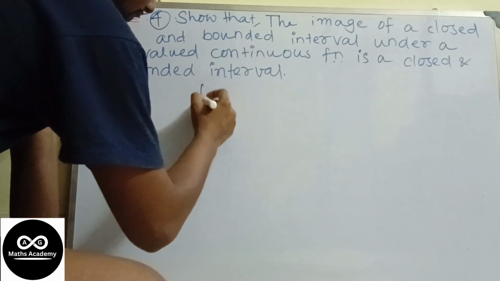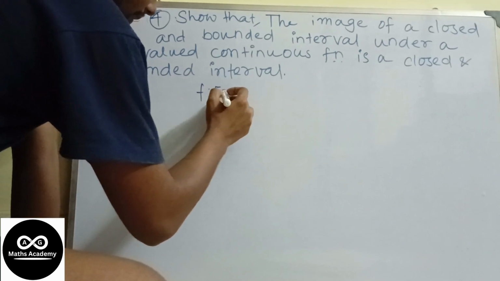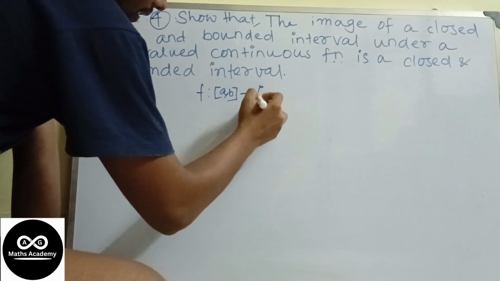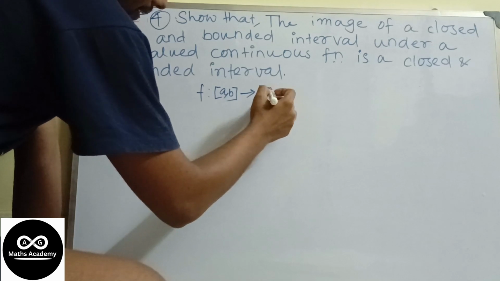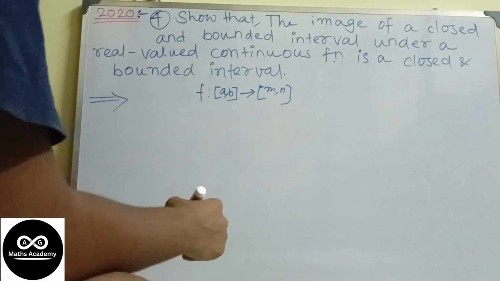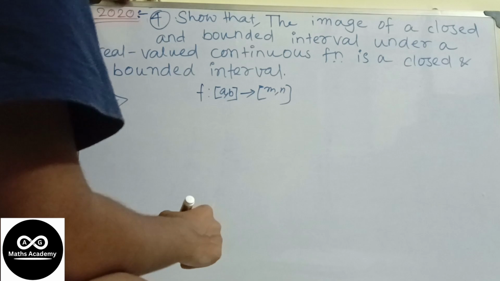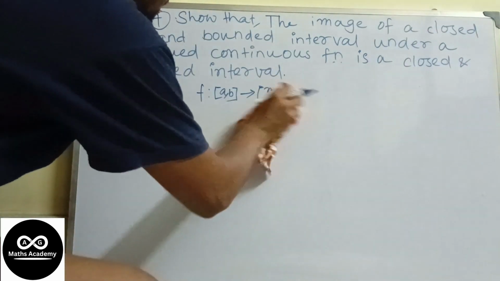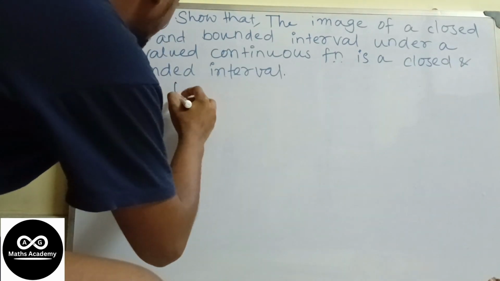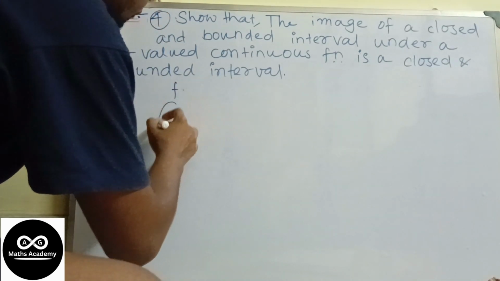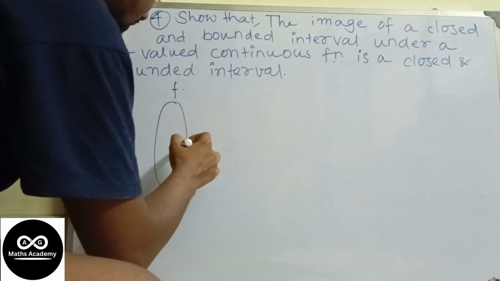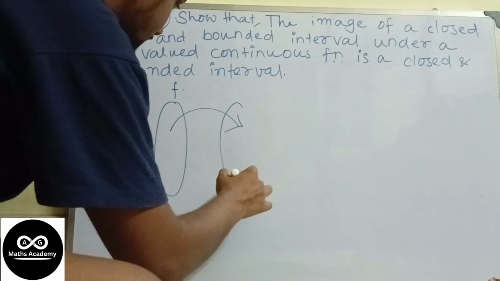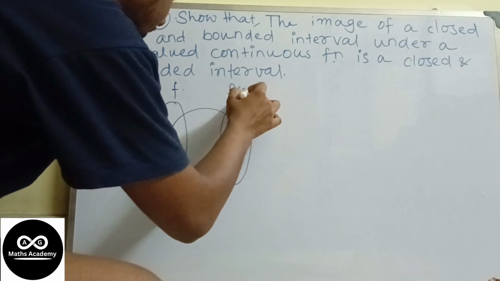Let's say there's a function f which is defined from a, b to, let's say, anything. So there's a function f and it is defined on this set, and this is actually f of x.